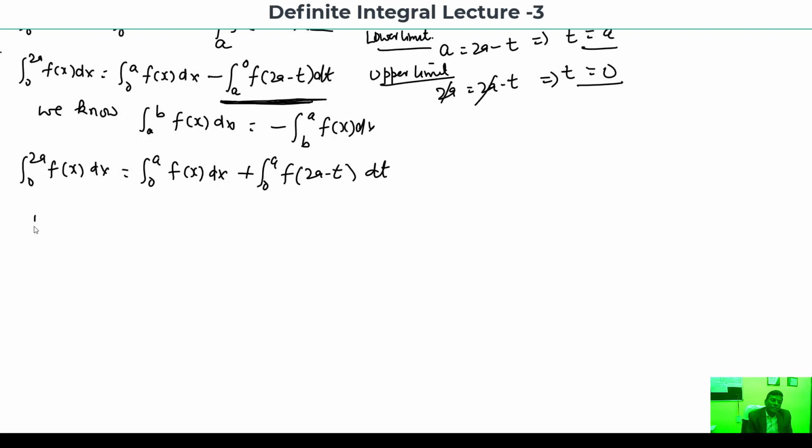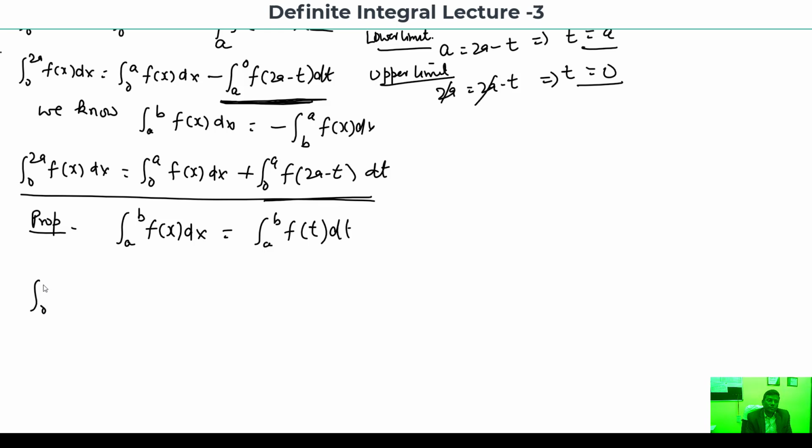One more property: change of variable has no effect, that means the integral from a to b of f(x) dx is equal to the integral from a to b of f(t) dt. So here in place of t I write x, and this whole thing becomes the integral from 0 to 2a of f(x) dx equal to the integral from 0 to a of f(x) dx plus the integral from 0 to a of f(2a minus x) dx.